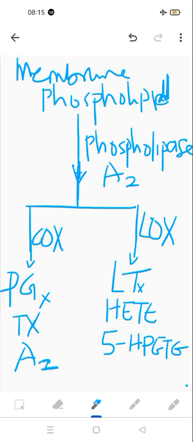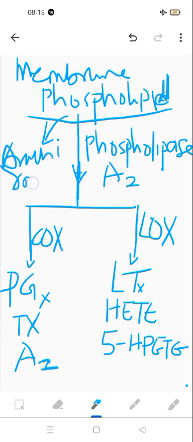Just to reiterate, we've got a membrane phospholipid bearing our arachidonic acid. Phospholipase A2 is the enzyme here, and it cleaves out arachidonic acid to release free arachidonic acid from the membrane phospholipid, in a rate limiting step.